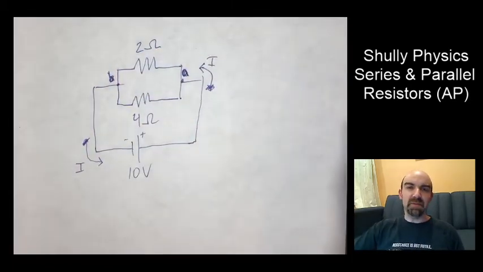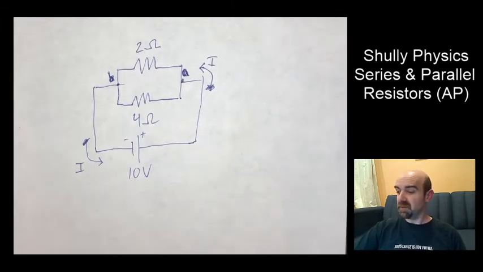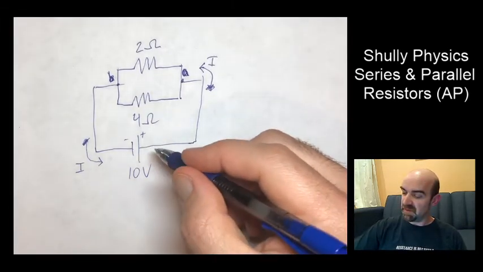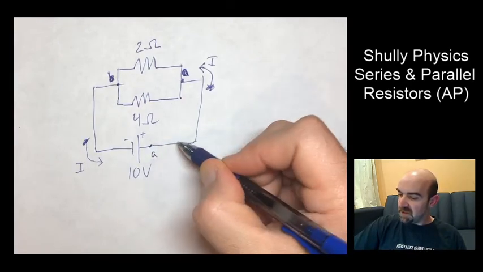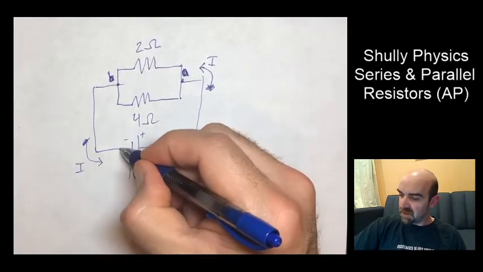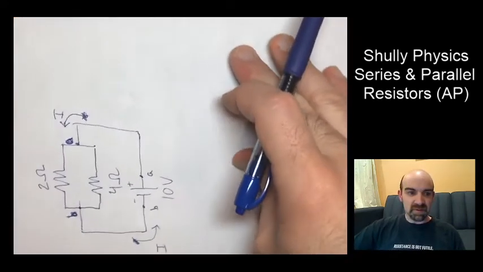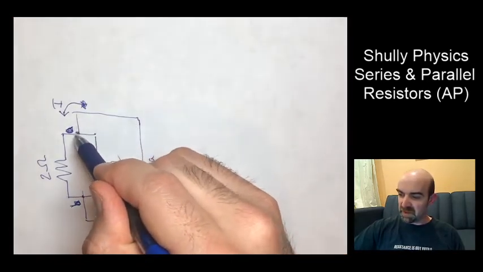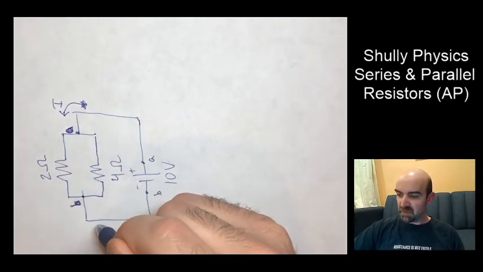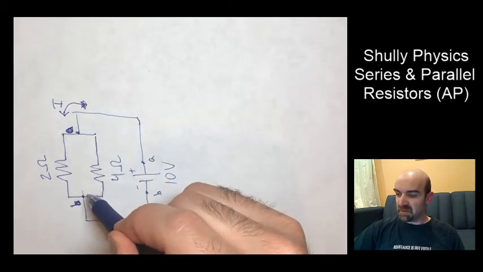Okay. I have no problem with screw-ups in this video because that brings up some very important points that I usually miss talking about. So again, this side of the battery is A, connects up to here. This side of the battery is B also. Now in this slope here, our ski slope, we can either go from the top of the hill down this left route through the 2 ohms of resistance, or from the top of the hill down this other route through the 4 ohms.